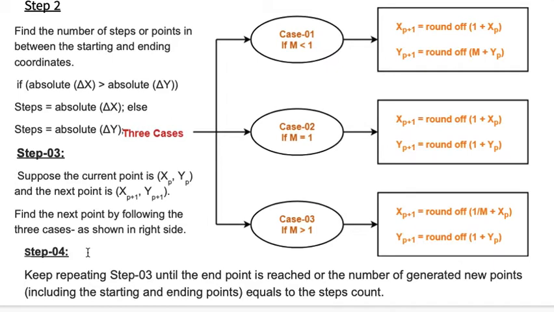Step 4 is to keep repeating step 3 until the end point is reached, or the number of generated new points, including starting and ending points, equals the steps count. We'll clear this up with the help of an example.